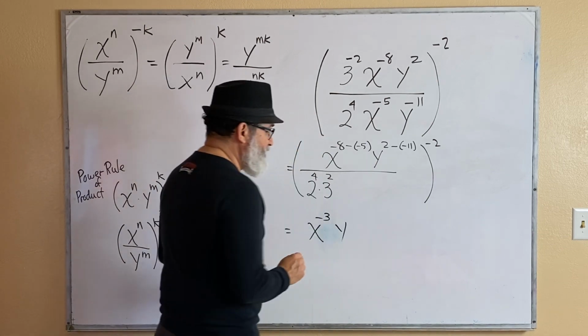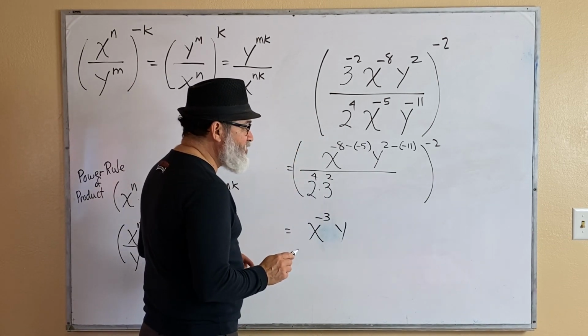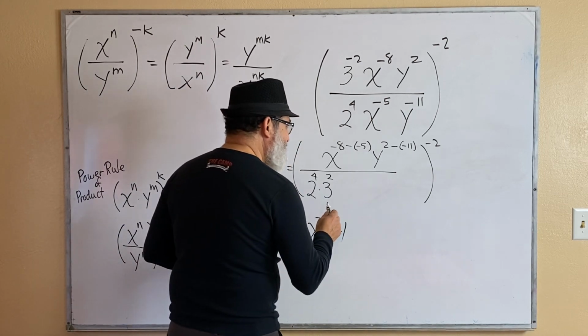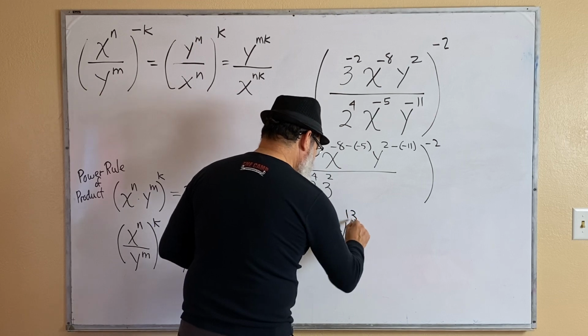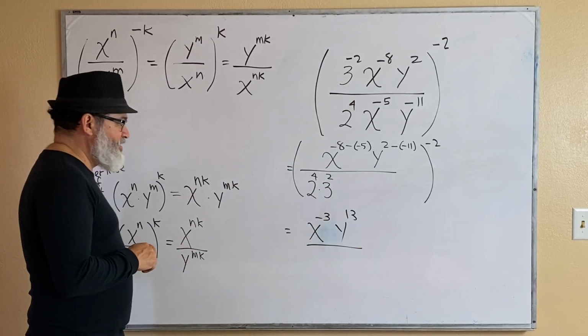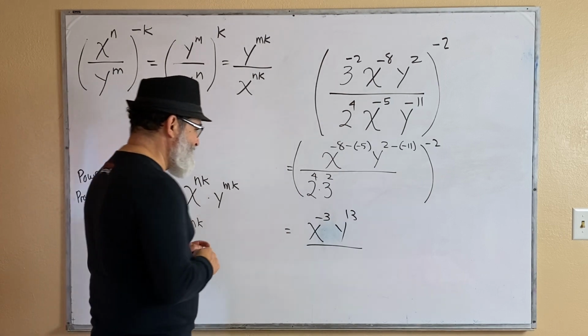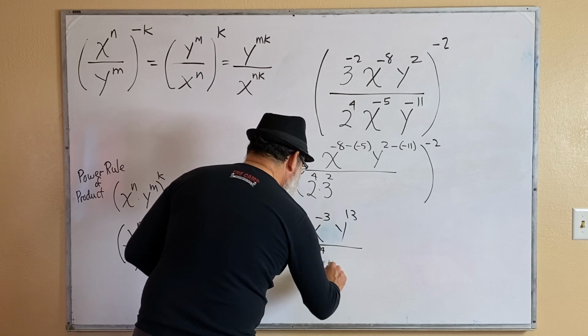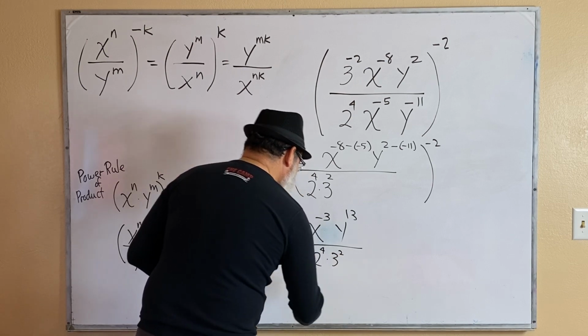y to the what? y to the 2 plus 11, 13. Divided by, okay, divided by what? 2 to the 4th times 3 to the 2nd.